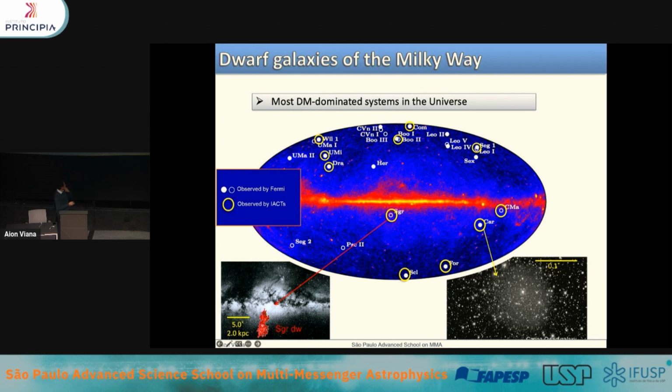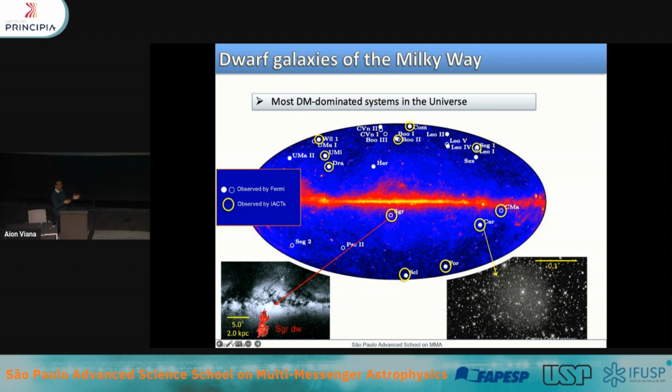We can actually constrain the dark matter halo of these galaxies quite precisely because we have measurements of stars and the velocity dispersion of stars, and you can measure the dark matter density towards the center. So it's one of the places where you actually have a measurement of the halo. It's different from the Milky Way, where you don't have the measurement.